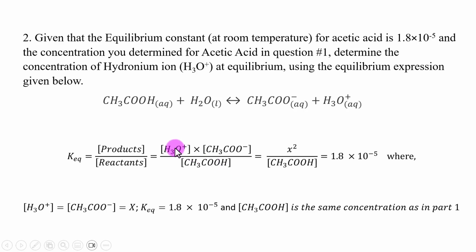Now, we don't know what the H3O+ concentration is, but we know that these two are going to be equal to each other. It's similar to, and I always bring this up, and I think most students roll their eyes, but it's just a simple illustration.